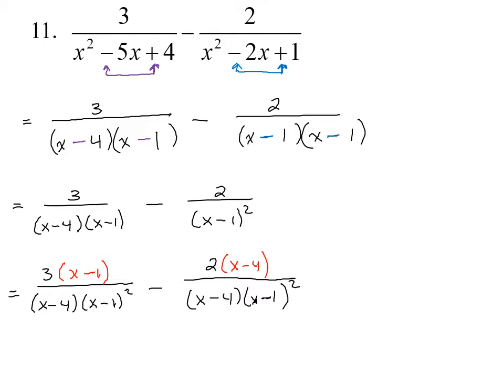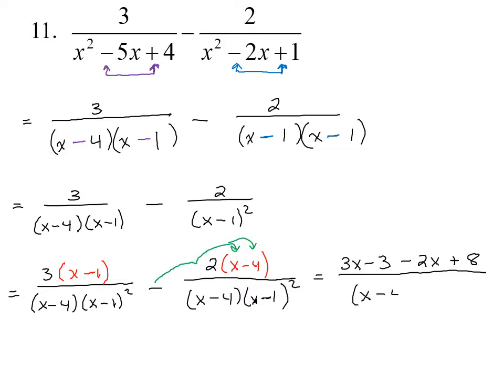The minus sign that's between them is on the 2, which gets distributed onto each one as we go across. So this will become 3x minus 3 minus 2x and plus 8. Where people mess up is the plus 8. Some people put minus 8 there because they don't take the negative all the way across. So be careful with that.